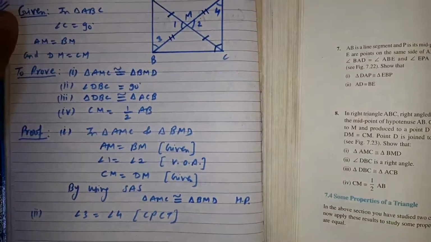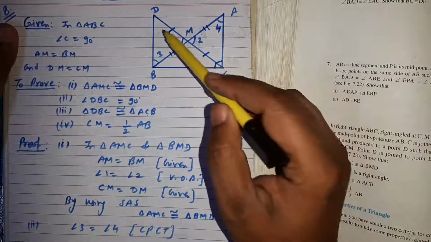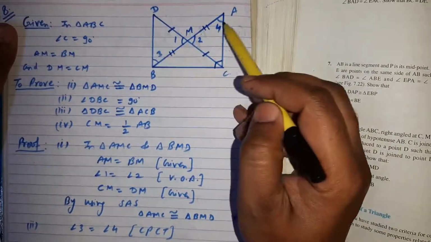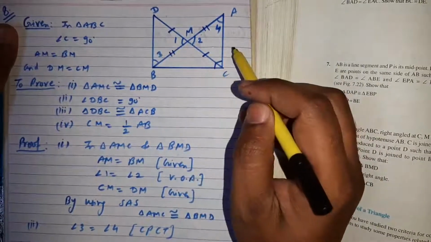So these two angles are a pair of alternate interior angles. Okay, it is a pair of alternate interior angles. So these two lines BD and AC will be parallel.